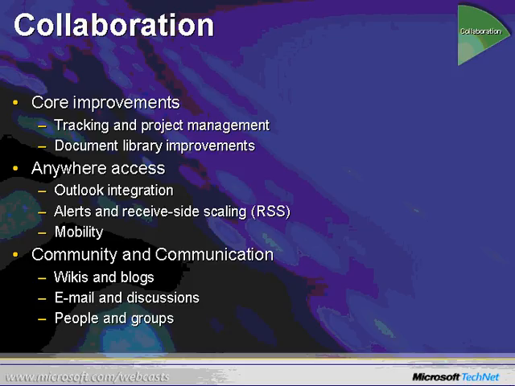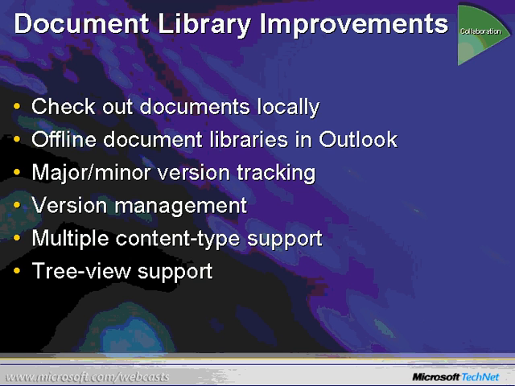About 3-4 years ago, when we started planning this version of SharePoint technology, we saw a big trend on Web 2.0 concepts like wikis and blogs. We made a big bet and a big investment in those capabilities. So with Windows SharePoint Services, you get wikis and blogs out of the box. I'm going to show you a demonstration of that in just a little bit.